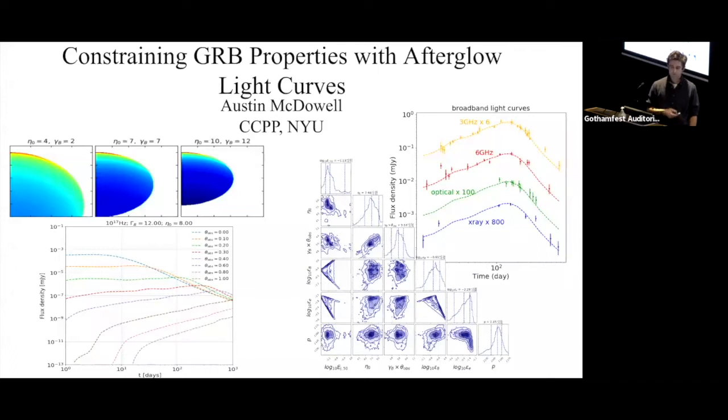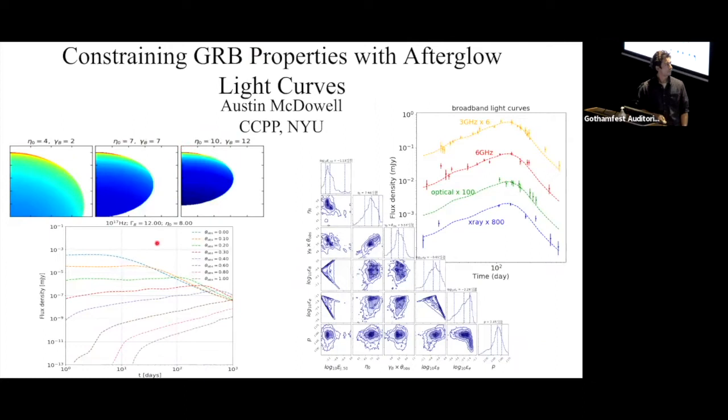What our model consists of is simulating the outflow that produces the afterglow. We run a bunch of hydrodynamics simulations, looking at different outflow geometries, from basically a spherical outflow to a more collimated, jet-like outflow.